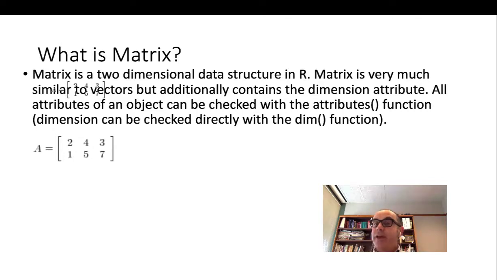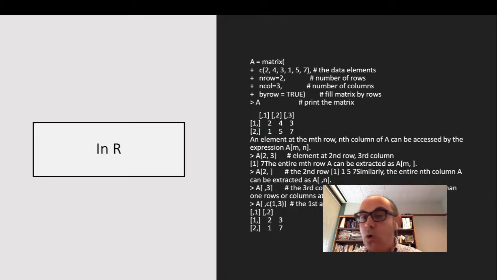Another form of a data container is a matrix. A matrix usually contains additional attributes of the data. Usually we display a matrix in 2 rows of data. All the attributes of an object can be checked with the attributes function and the dim function. So let's look at that.